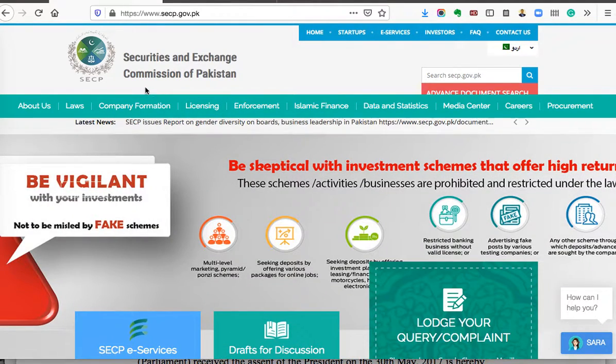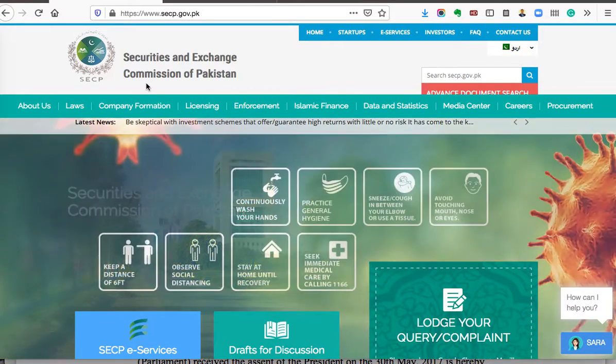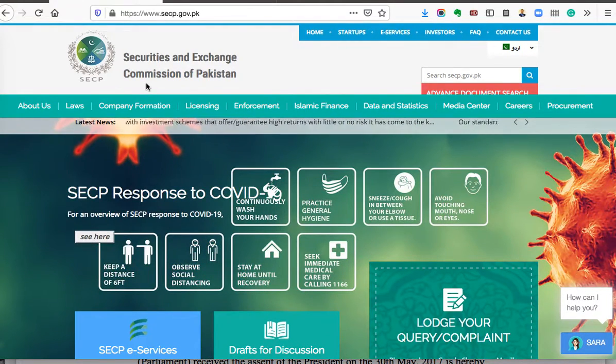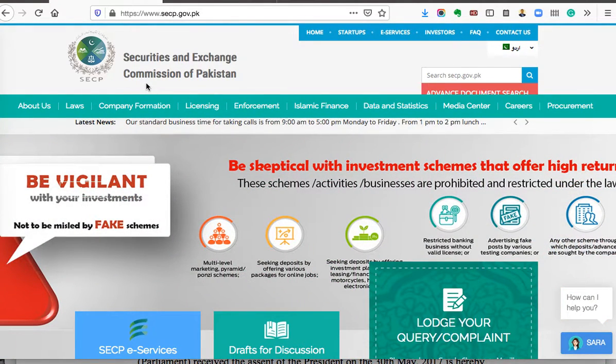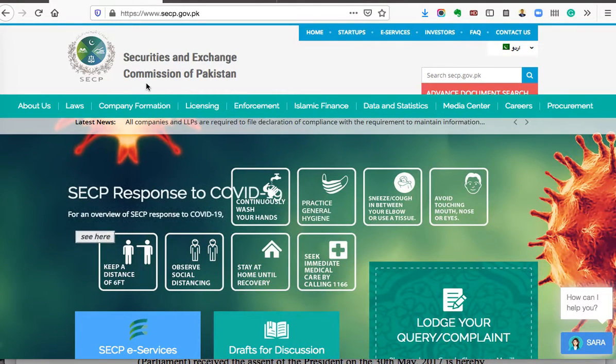So, if I were to divide these two types of companies, one is for the physical economy. If you want to open a manufacturing unit, or an import export business, or a beauty parlor, or a school, you have to incorporate a company, including a charity company, with the SECP.